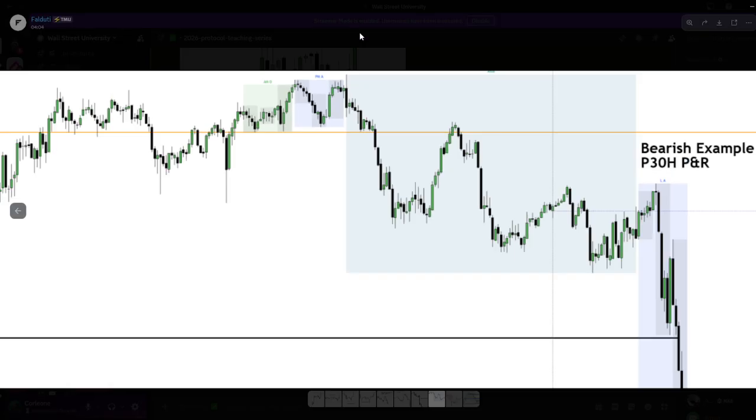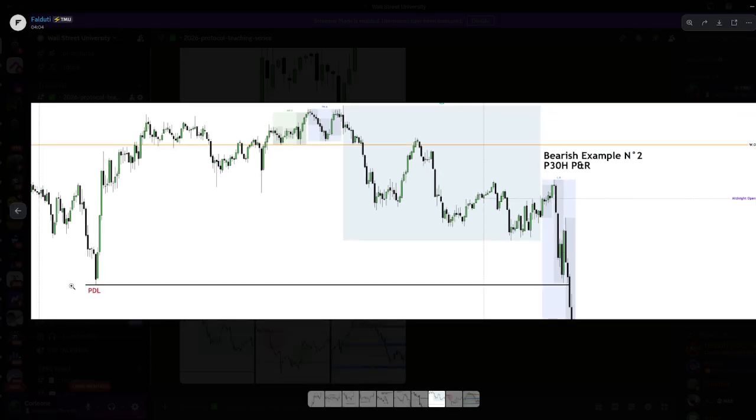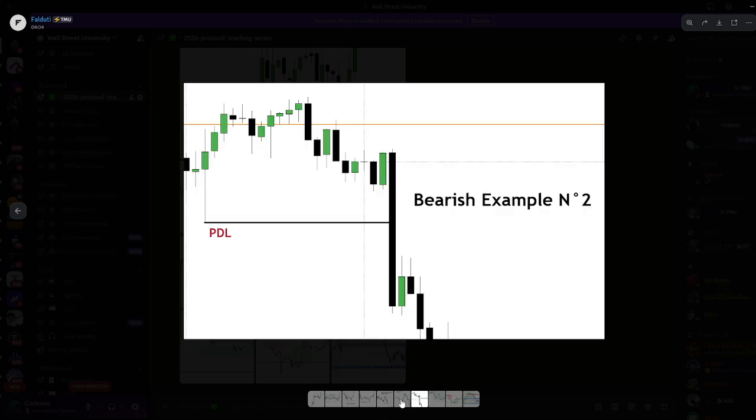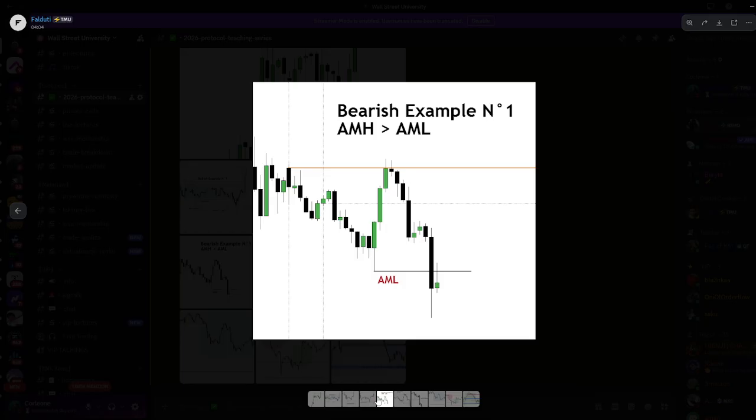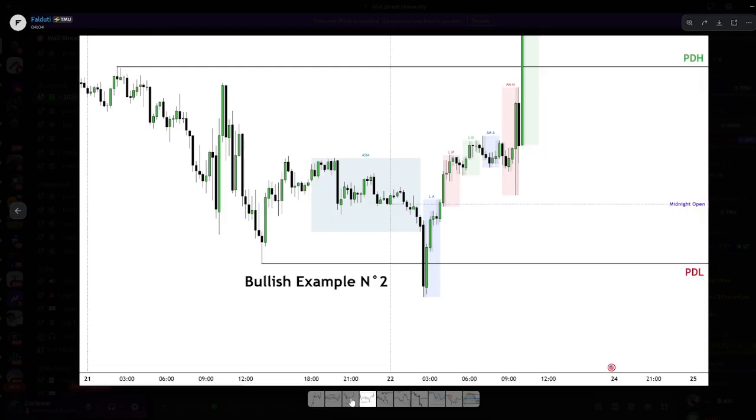Take a look at this perch and revert, previous day low, beautiful. Of course, you have to also look at the session highs, not only previous day low and previous day high.